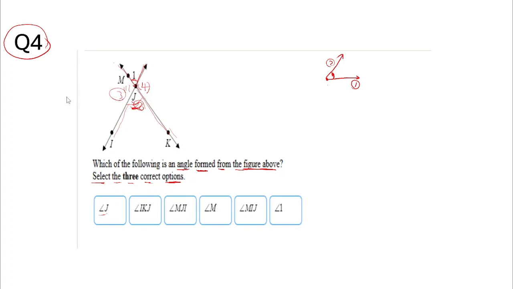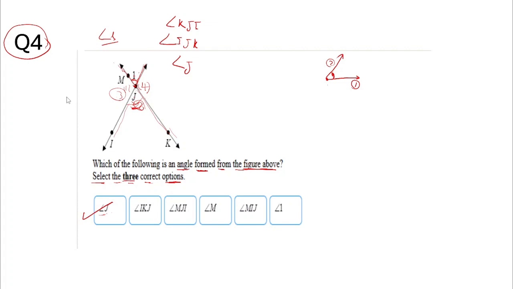This angle can be named by angle KJI or IJK, or I will name it with the endpoint, which is J. Or as here, he wrote 1. That means the name of this angle is angle 1. So this is the naming for the angles. So this angle J is right.